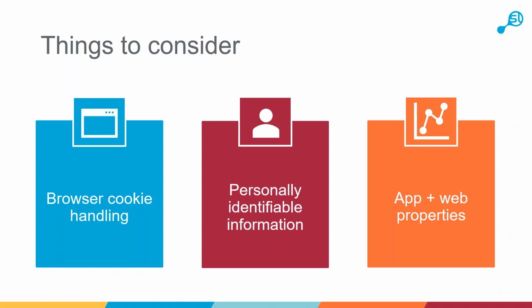Also, finally, app and web properties. This is Google's new version of analytics. By default, there's a vast improvement in tracking users in this platform and defining them as a single user.